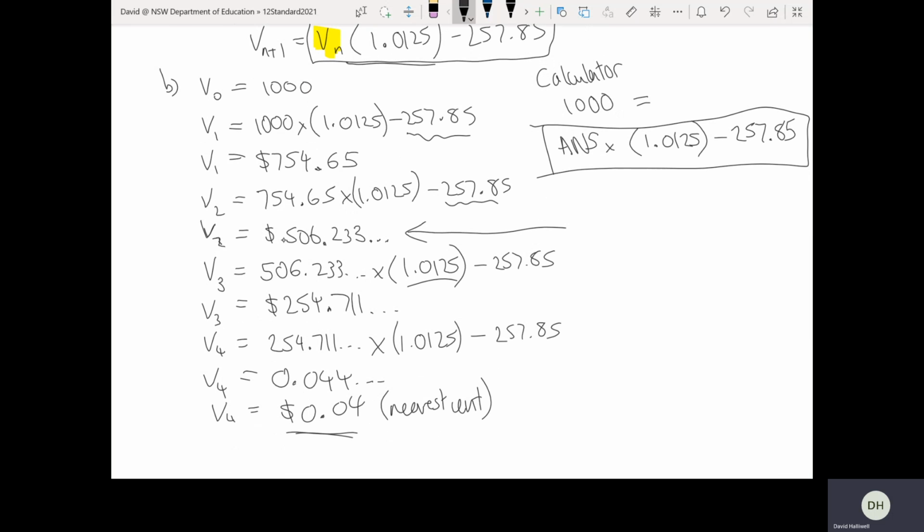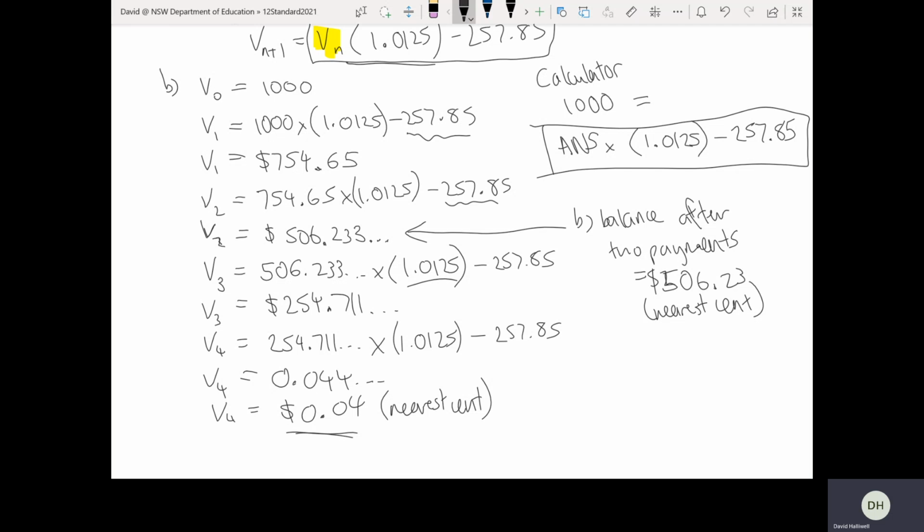Okay, so after 2 payments, I owe $506.23. So the balance after 2 payments is going to be $506.23, nearest cent.